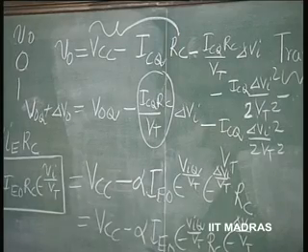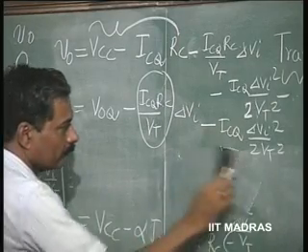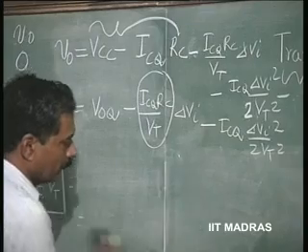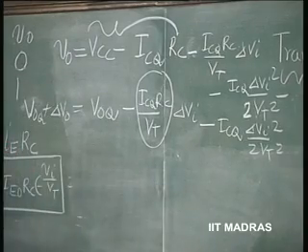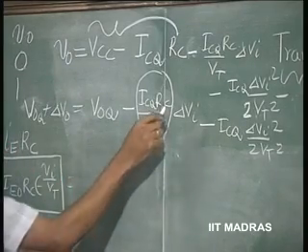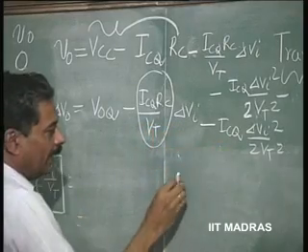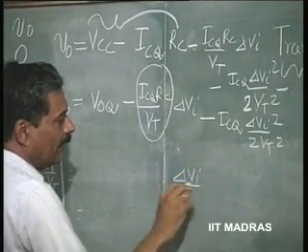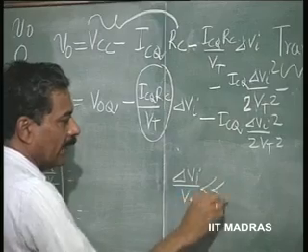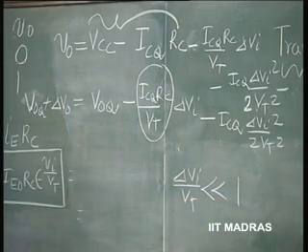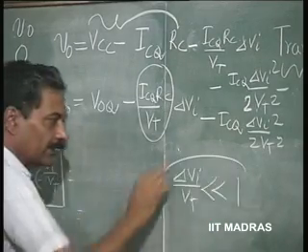For that to happen, we have to have delta VI by VT much less than 1. This is the assumption for small signal.